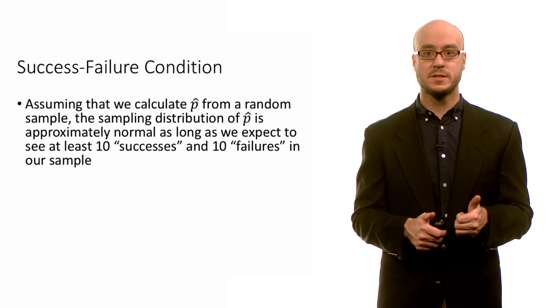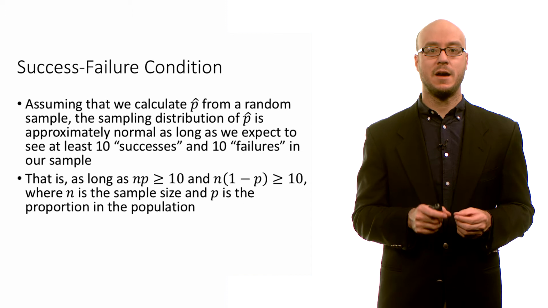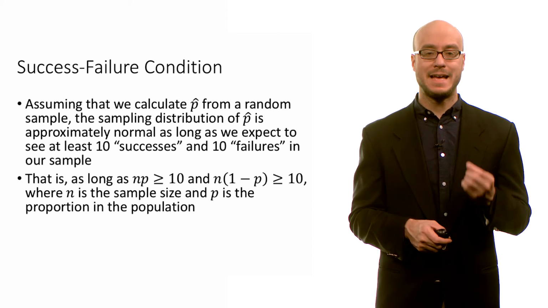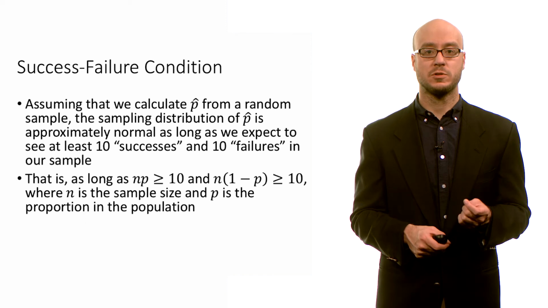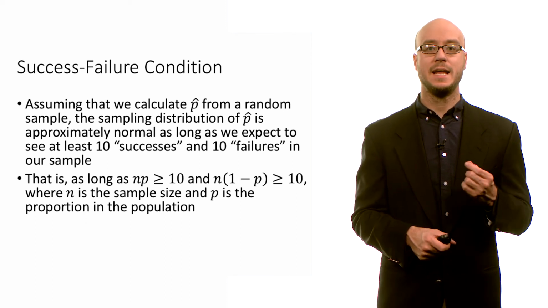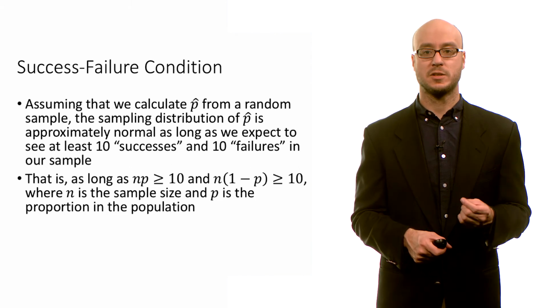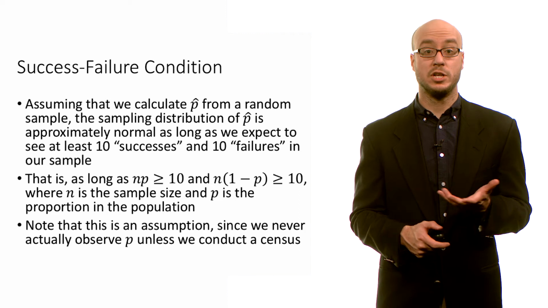Successes are those with 1s, and failures are those with 0s. Now, we can write this out: as long as n times p, where n is the sample size and p is the population proportion, is greater than or equal to 10, and n times 1 minus p is greater than or equal to 10, then this condition holds.